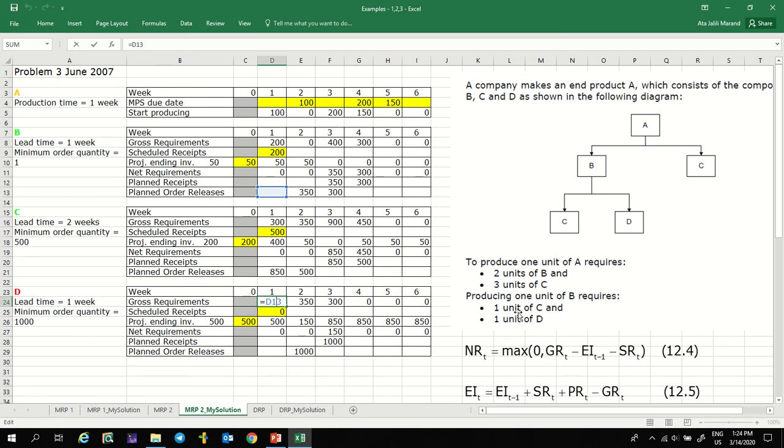And because each component B requires 1 unit of D, we just take the same number, and we do not need to multiply it by any other value. And the rest of the calculations are just the same. Here, just pay attention to the minimum order quantity, which is 1000. So of course the net requirement is 150, but we need to make an order of 1000 because we cannot do a smaller order.